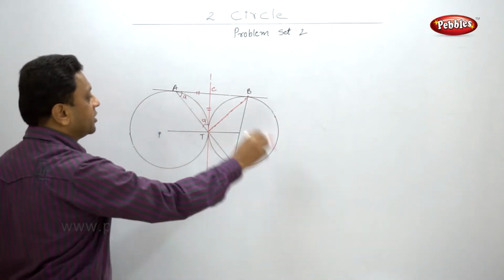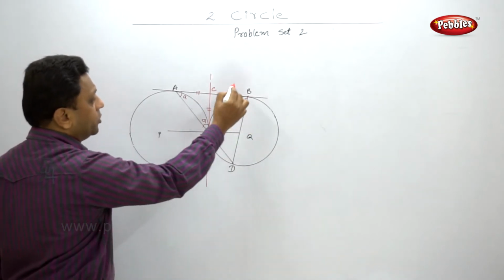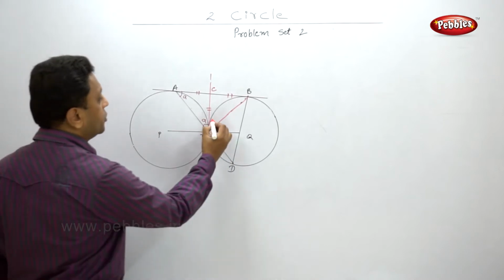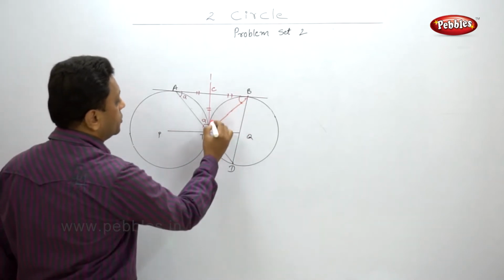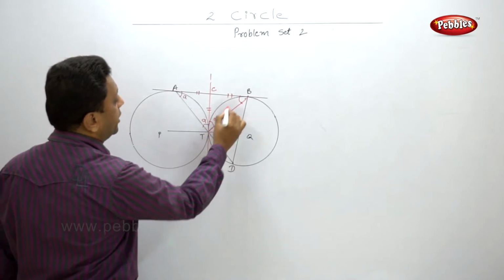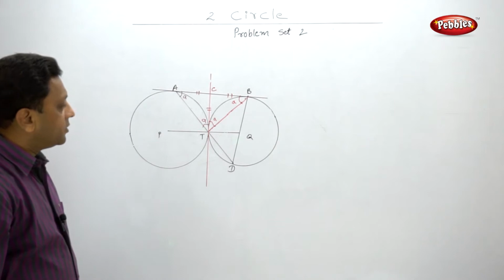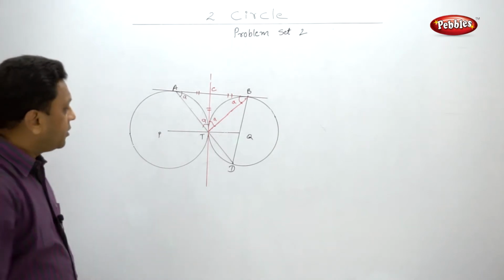Similarly for this circle, tangent segments are equal. So these 3 lines are equal and so this is also the same angle A. So all these angles are the same, correct?